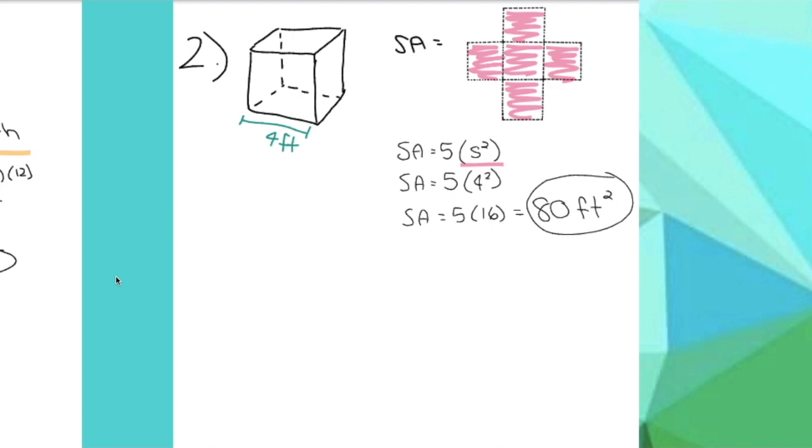The area of one individual 2D square is side squared, s squared, and the side length in this case is 4 feet, so 16. Because you have 5 of these, you multiply 16 by 5, giving you 80 feet squared. And that is the total surface area of this cube, which consists of 5 identical 2D squares.